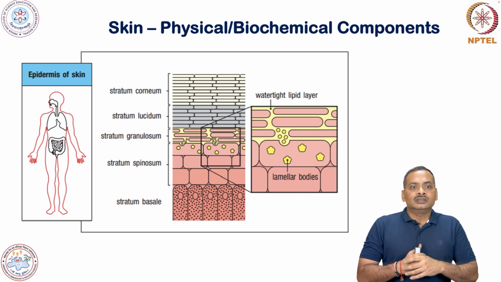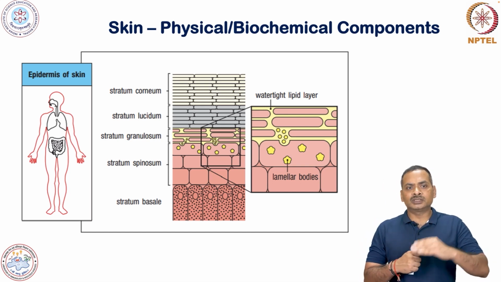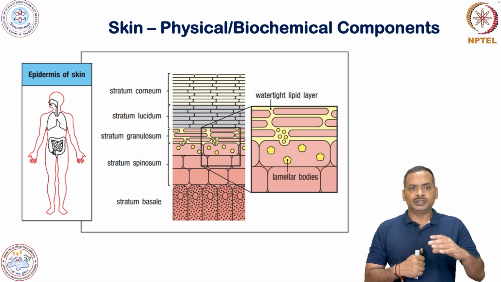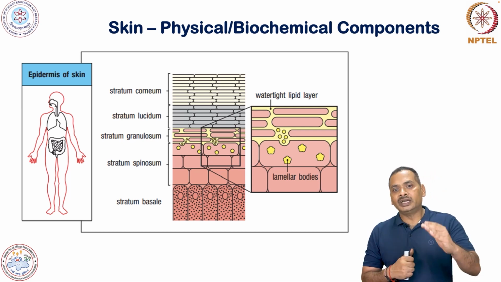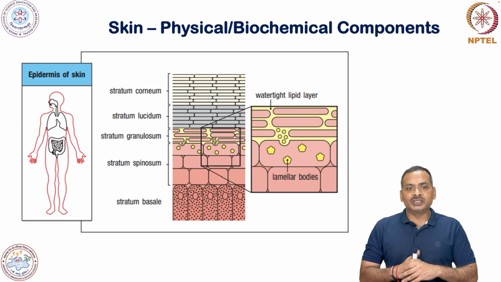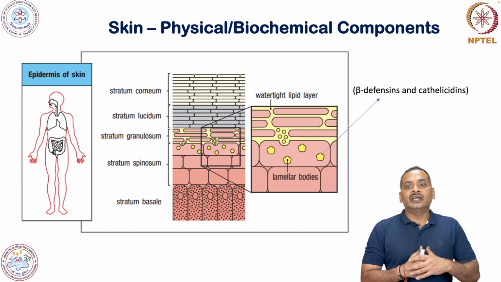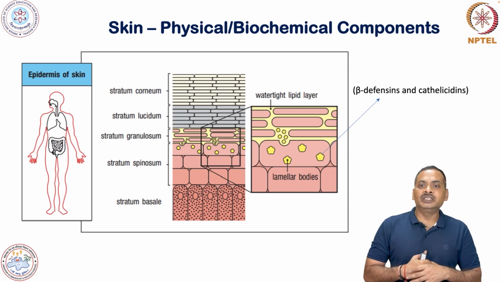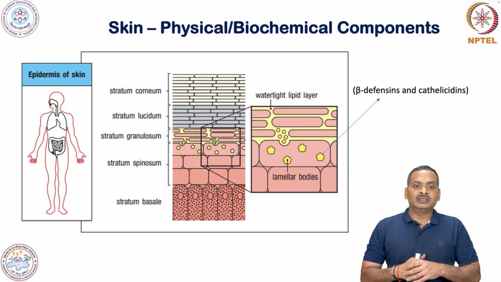Stratum lucidum is basically below this corneum, and stratum granulosum is in between lucidum and spinosum, as you can see in this picture. And here if you notice, there are yellow laminar bodies, and these laminar bodies basically contain the beta defensin and cathelicidin.